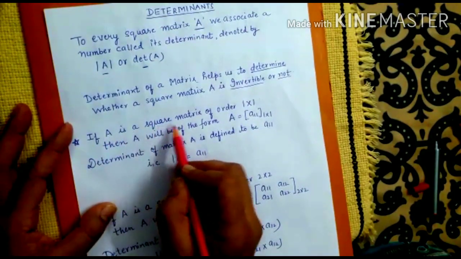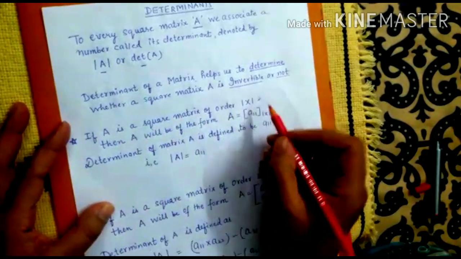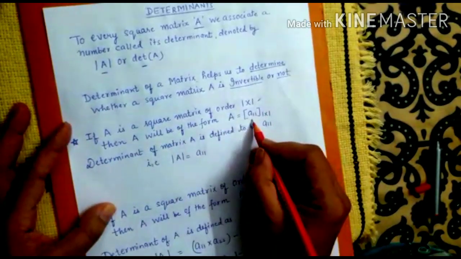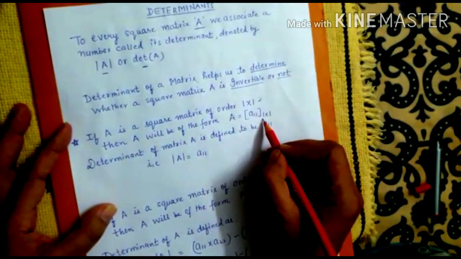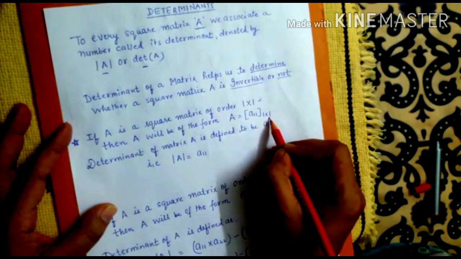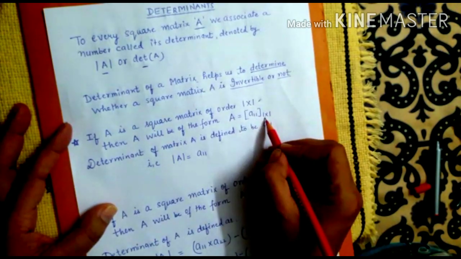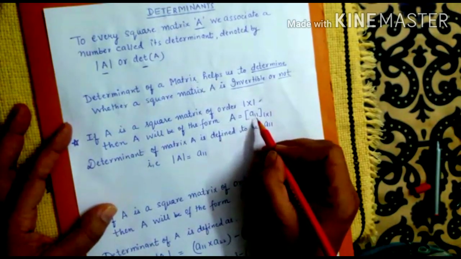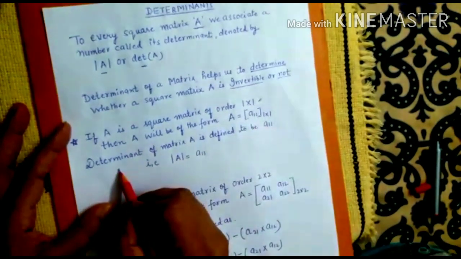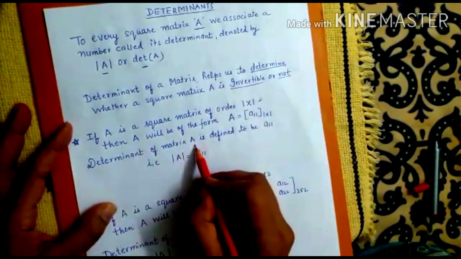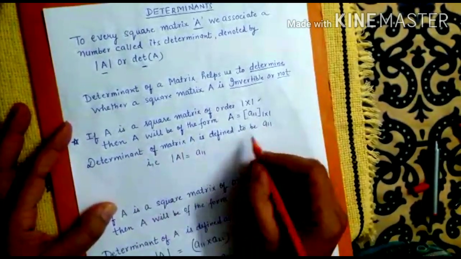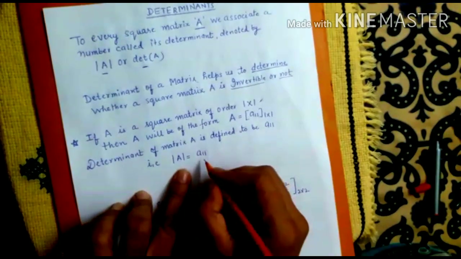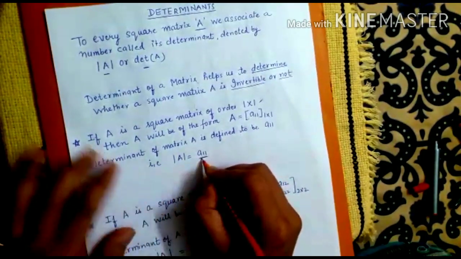If A is a square matrix of the order 1 by 1, then A will be of this form. You can see, as the order of the matrix is 1 by 1, it will have one row and one column. So the matrix consists of only one element, that is A11. In this case, determinant of A will be equal to the element of the matrix.